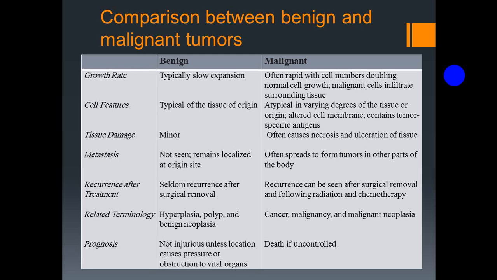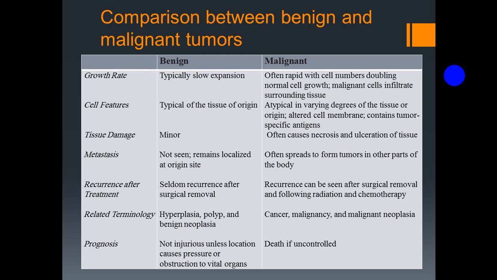So, in this slide, we have to talk about the comparison between benign and malignant tumors. Benign and malignant tumors have some characteristics that differ from each other. The growth rate in the benign is typically slow expansion, while in the malignant it is often rapid, with cell numbers doubling normal cell growth.